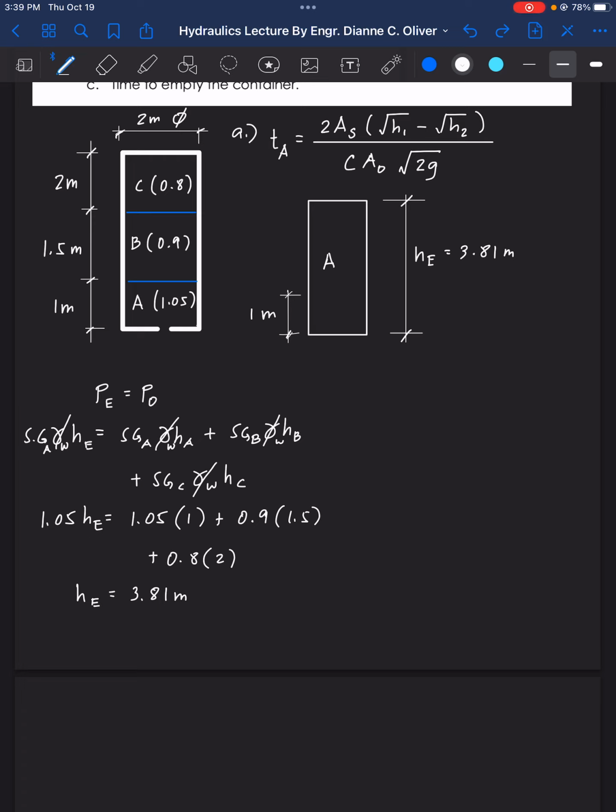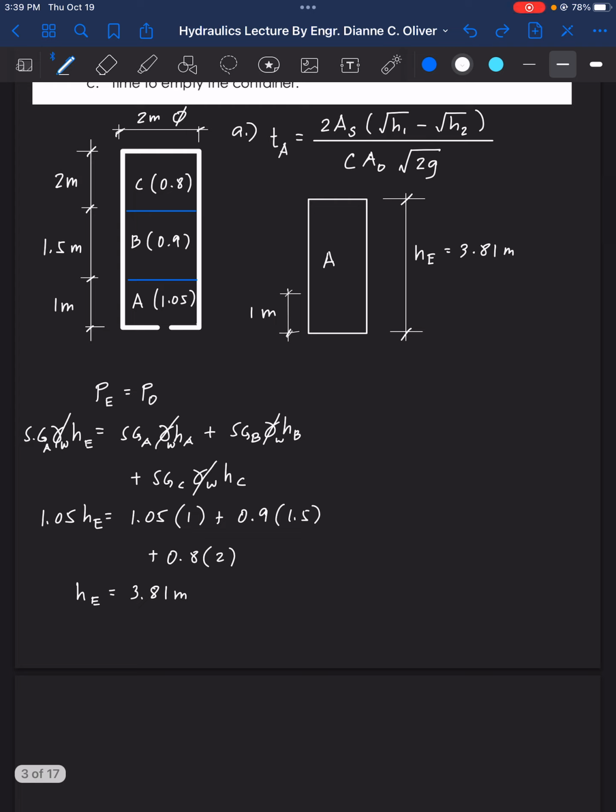So if we remove 1 meter of liquid A here, what height of the liquid remains?